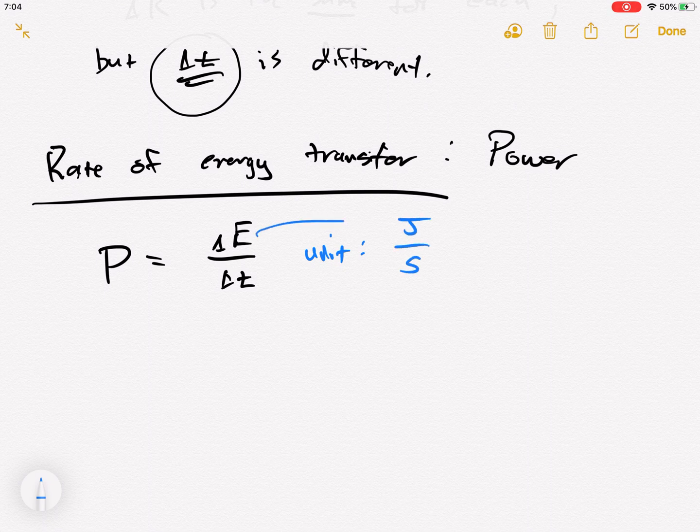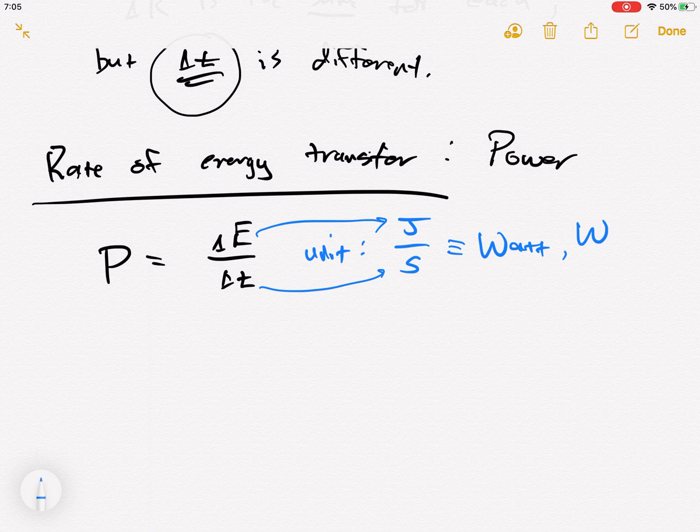Because upstairs here is a joule and downstairs here is a second. We define this as a watt, or capital W, which is confusing because capital W is the variable name for work, which could be the numerator of power, because work is equal to delta E. But that's just what it is.